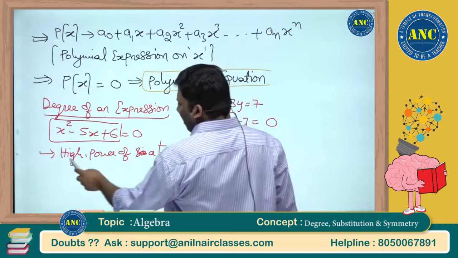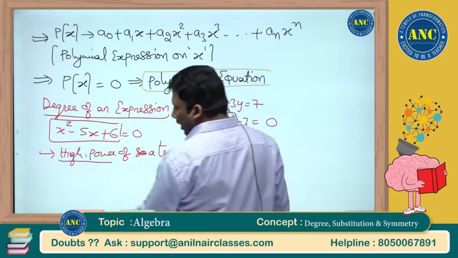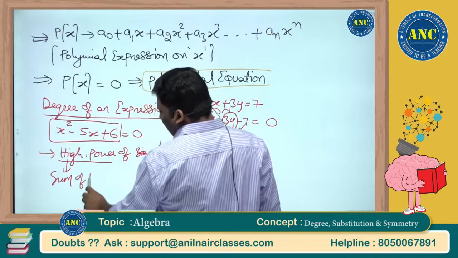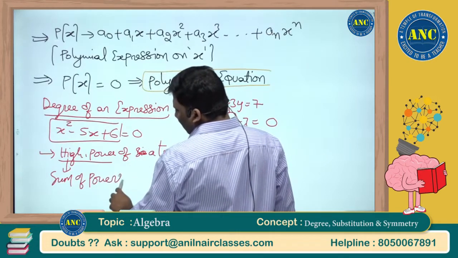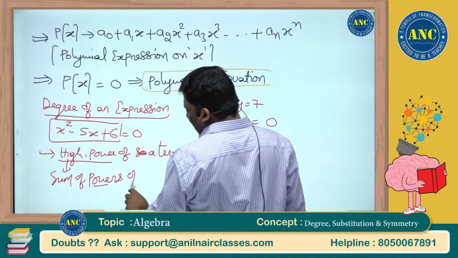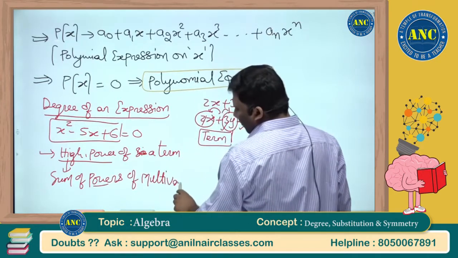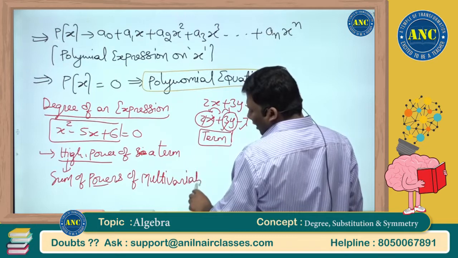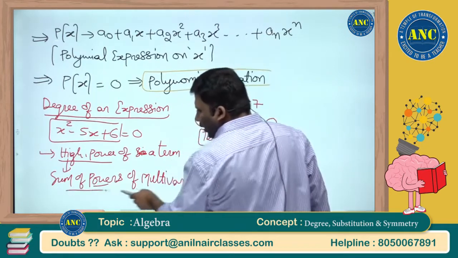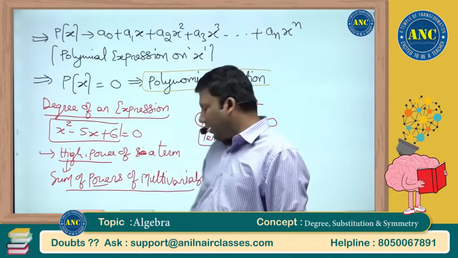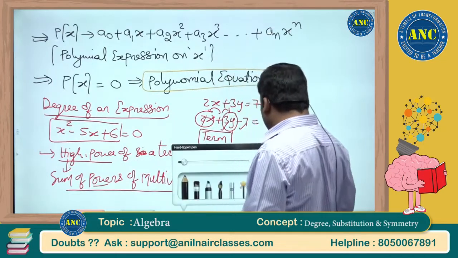How do you get the highest power of a term? If there are more variables, take the sum of the powers of the multivariables. Very, very important key points. Please listen carefully. Degree of an expression, x square minus 5x plus 6 equivalent to 0.